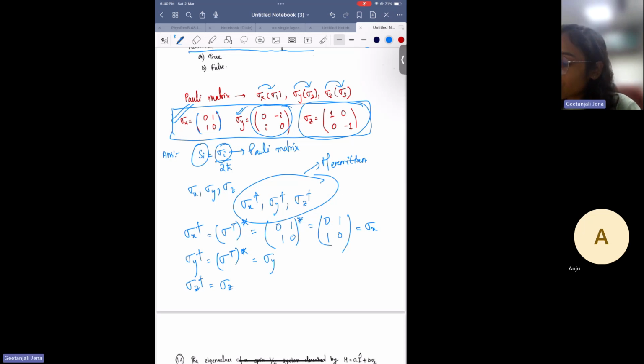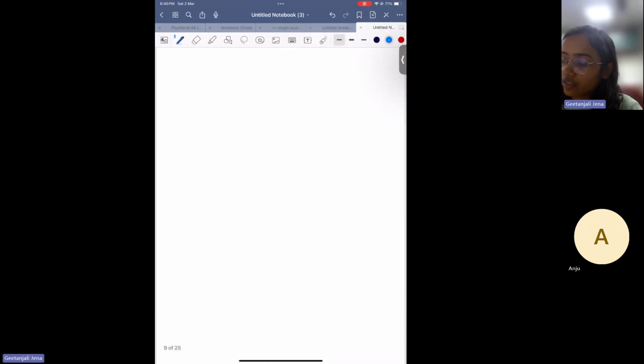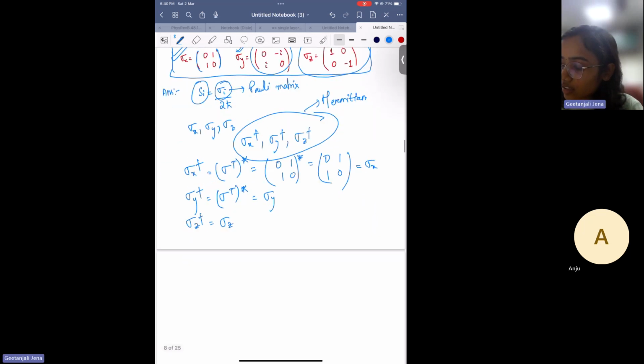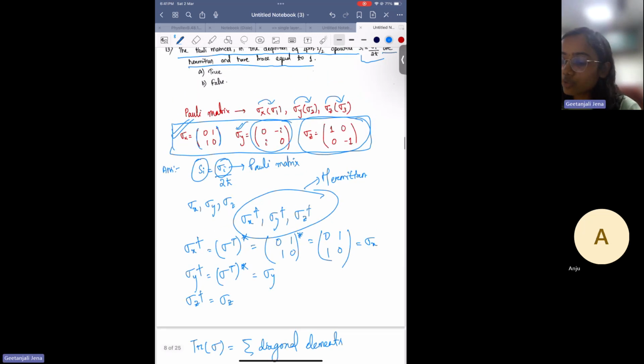But now let's see the trace of this matrix. Trace means the summation. The trace of a matrix is nothing but the summation of diagonal elements. The matrix is already given to you.